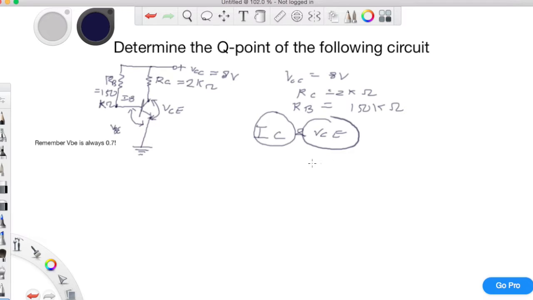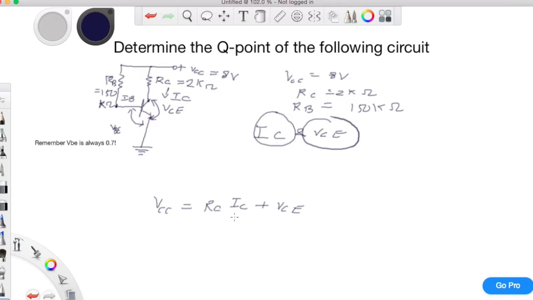To find VCE, we will be looking at the outer loop and using mesh analysis. Now VCC equals RC IC plus VCE. Your IC will be going from here. So VCC equals ICRC plus VCE.